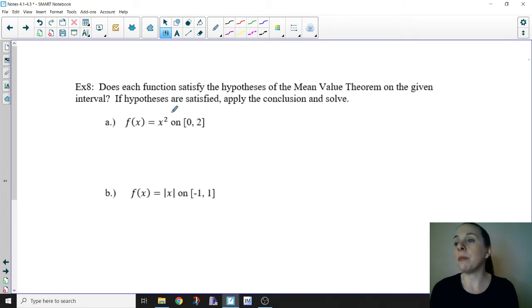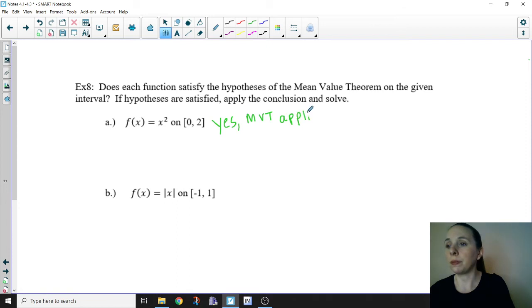Okay, so the hypotheses are satisfied. Let's just start by saying yes, MVT, the mean value theorem, applies. Now, if it applies, you should be able to apply the conclusion.